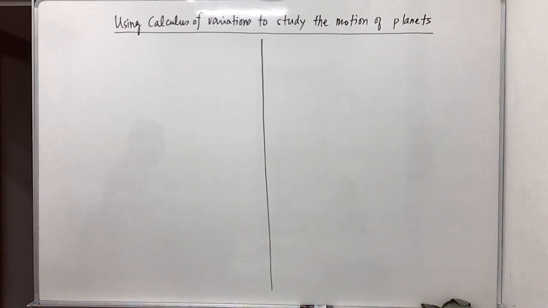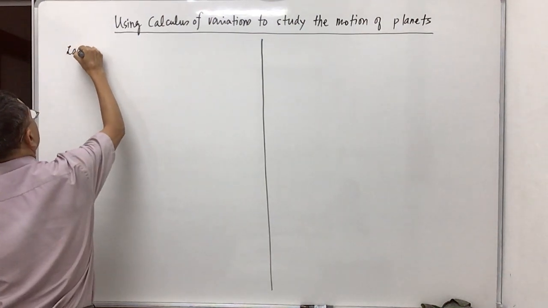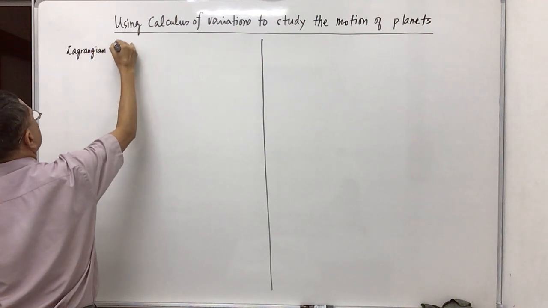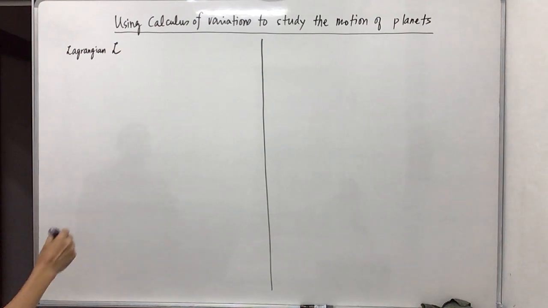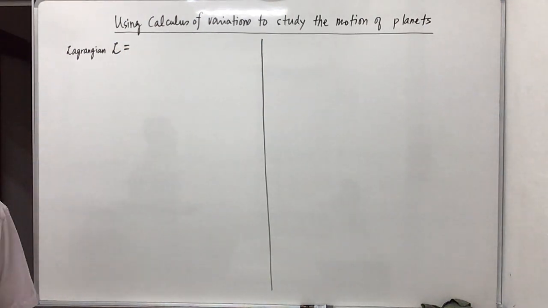Now, firstly, we try to learn about this thing called the Lagrangian. Lagrangian, use L to represent it, is actually the difference of the kinetic and potential energy related to the system.